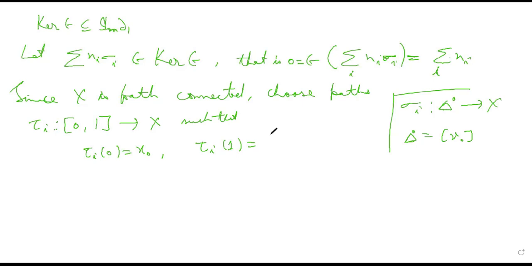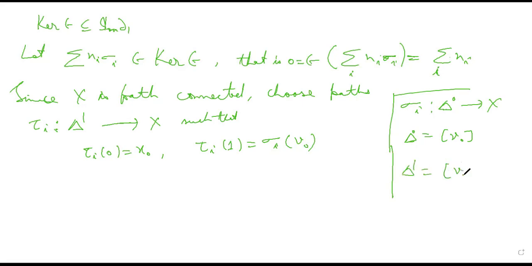this is your sigma I v naught. So in fact, we can consider them to be from... So what is this basically?